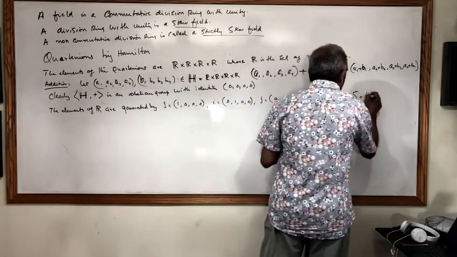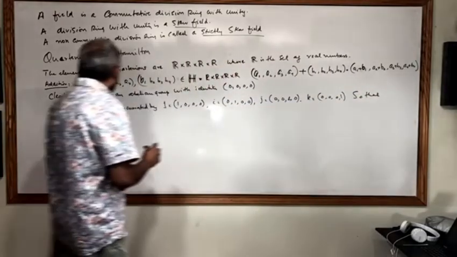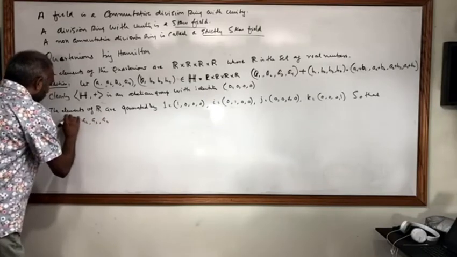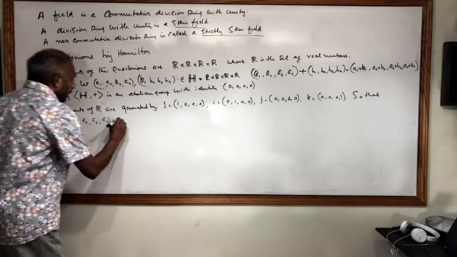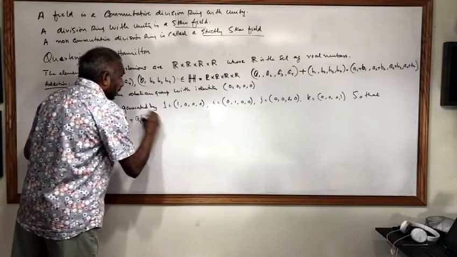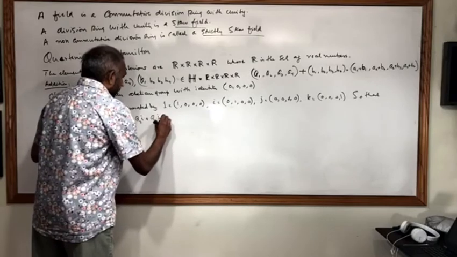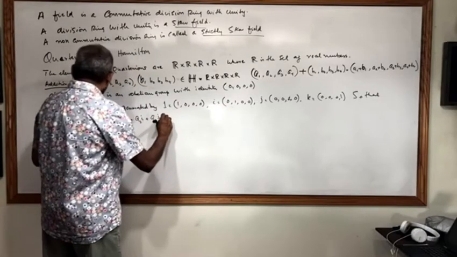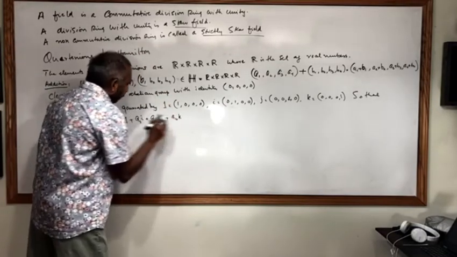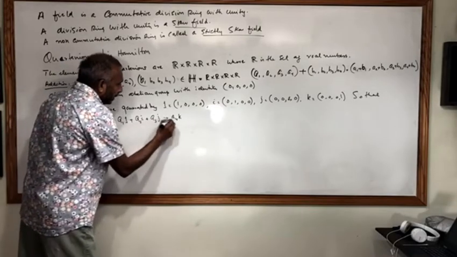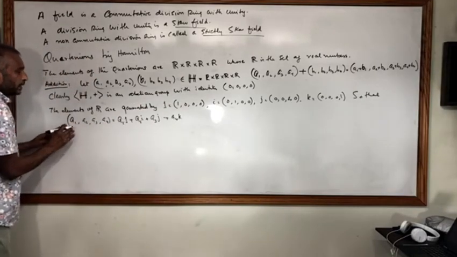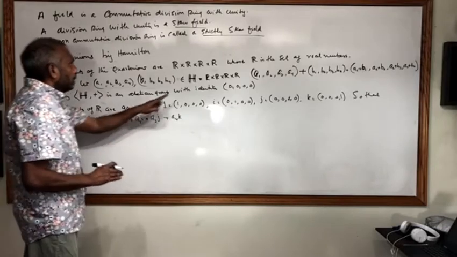So that (A1, A2, A3, A4) is equal to A1 times 1 plus A2 times i plus A3 times j plus A4 times k, where this multiplication is the multiplication on R. That is how we are going to define the elements on H.